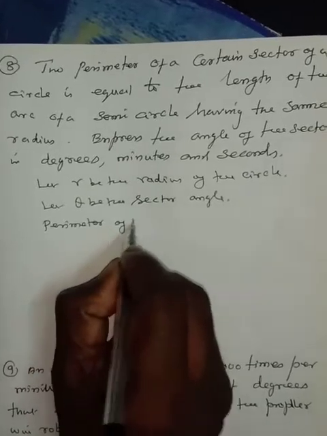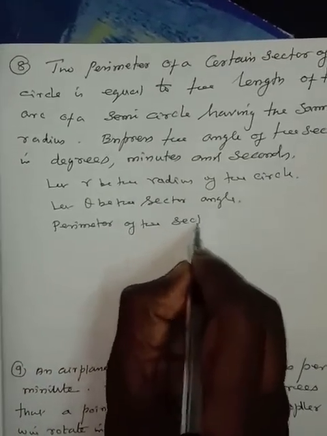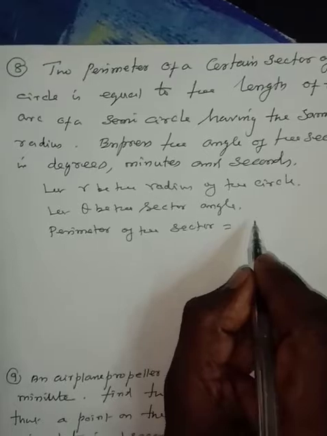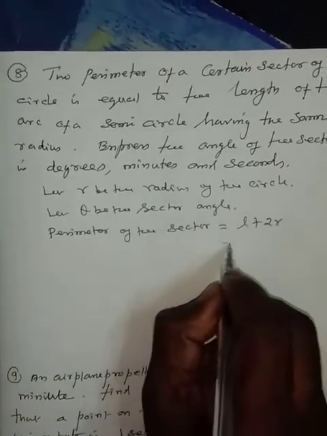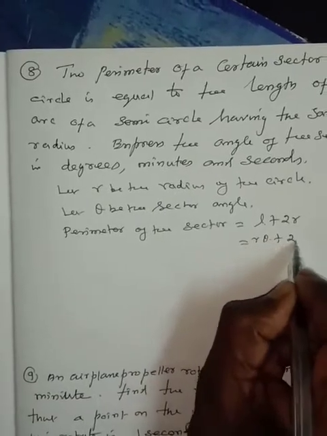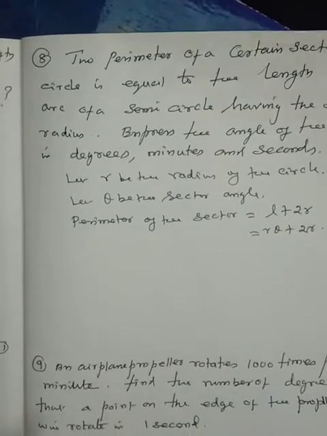Perimeter of the sector is equal to L plus 2R, L is R theta plus 2R.